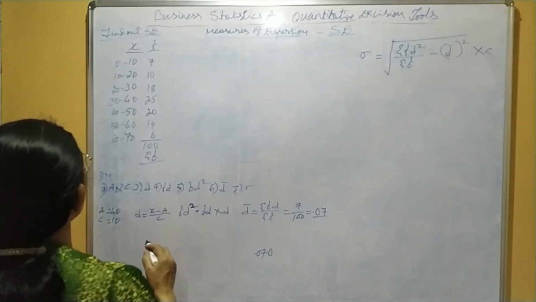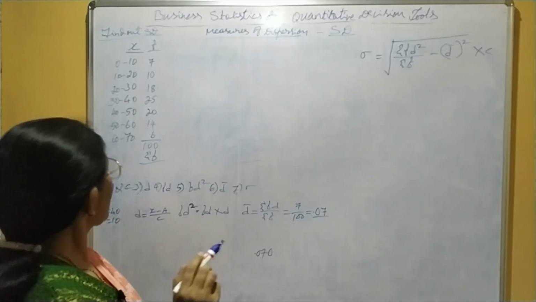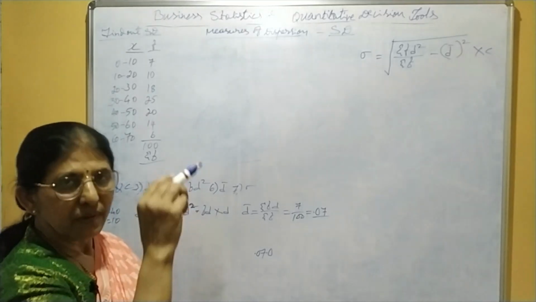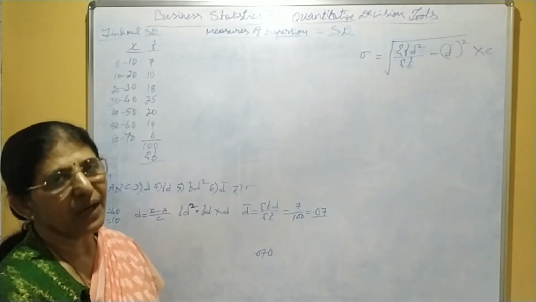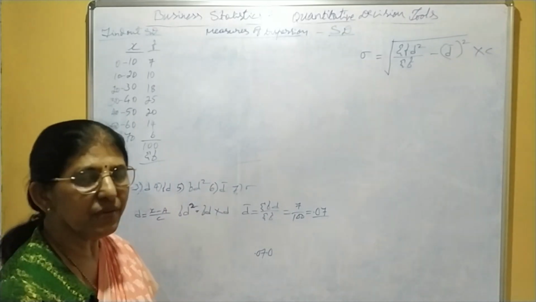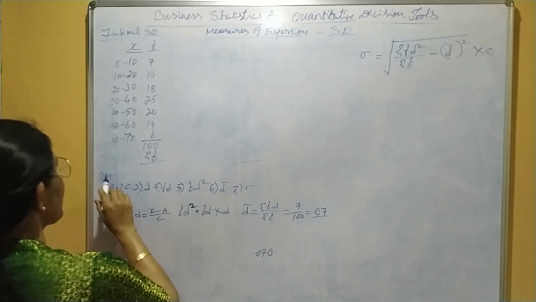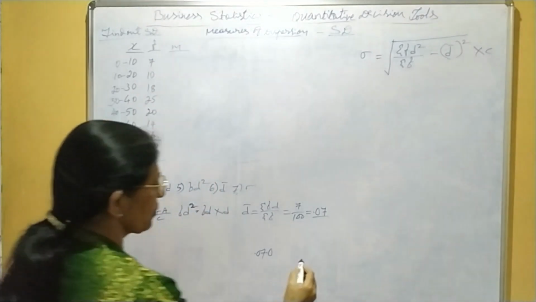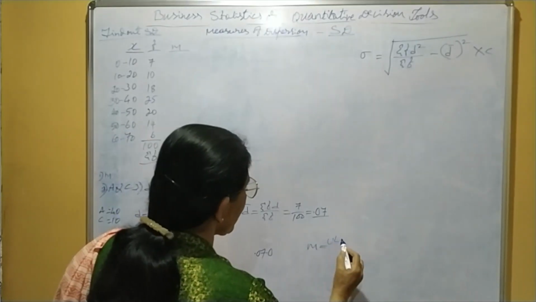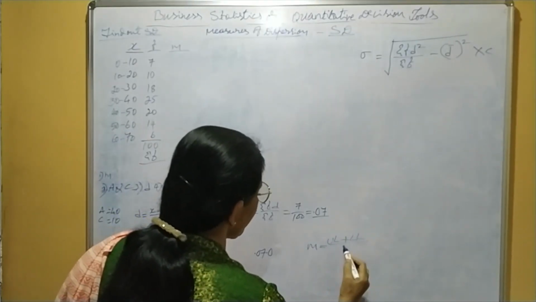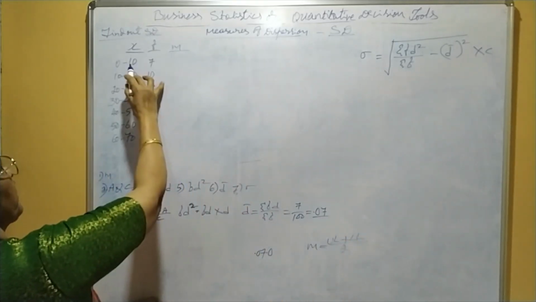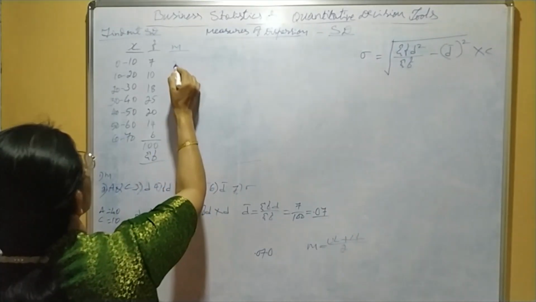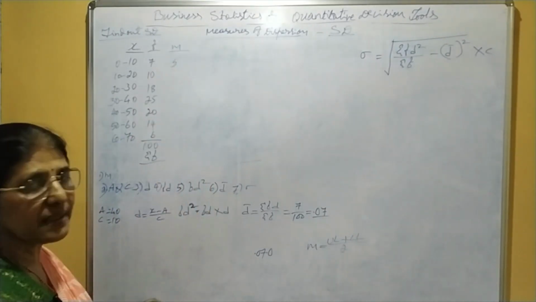Under continuous series, we take the assumed mean from the mid values, one among the mid values. So first we have to take M. M is nothing but mid value, and it is known to you, M equals upper limit plus lower limit divided by 2. Upper limit 10 plus 0, 10 divided by 2, 5, isn't it?